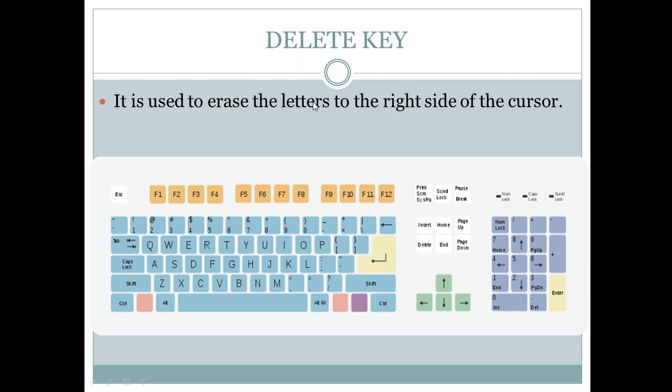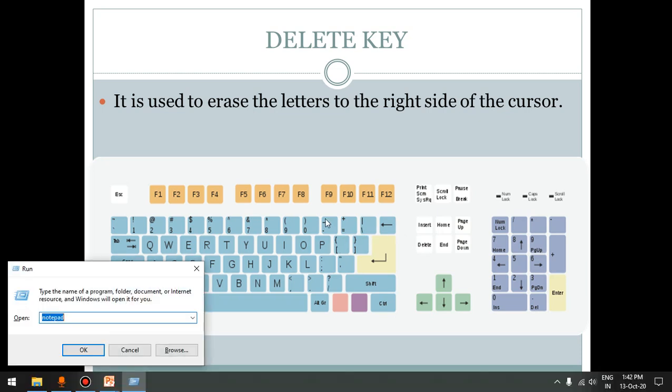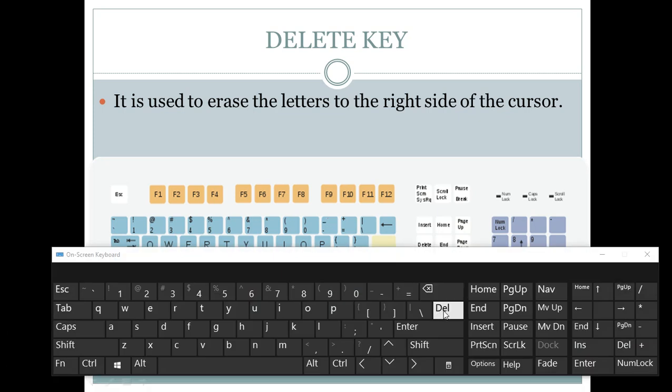So this is how you can locate or recognize the delete key. Let me show you the on-screen keyboard again to show the delete key. So this is the delete key. You can see here DEL is there, the first three letters of delete.